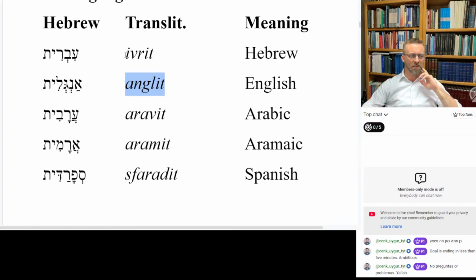And by the way, these words are all feminine. The it suffix, yud tav, is a feminine singular ending in modern Hebrew. So we've got ivrit, anglit.